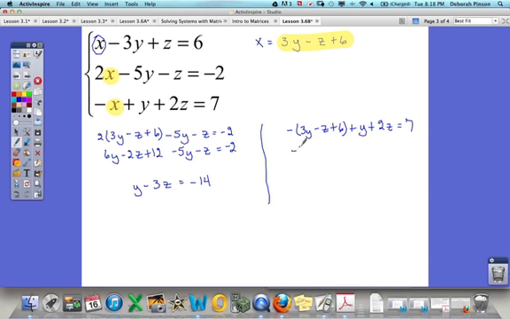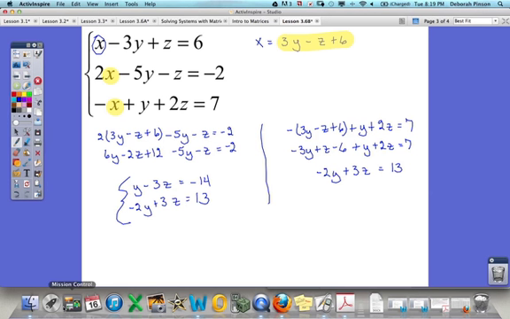Same thing over here. And write them as a system. Now I'm just going to leave this one here and then I'll write the other one below it. Okay, so here's my little system.